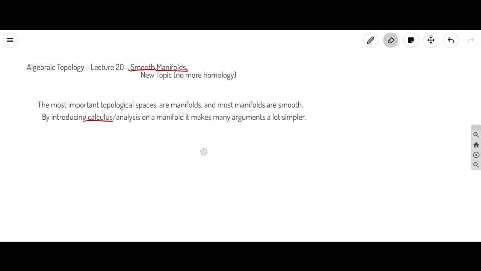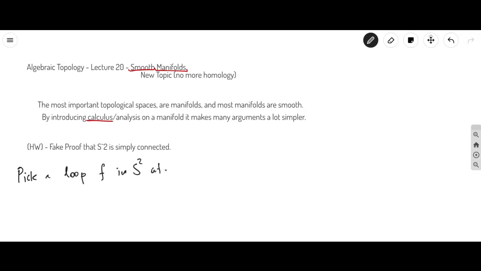Now, maybe just to show you an example of what I mean by making many arguments simpler. Here's a question you had on the homework, and this was a fake proof that the two-dimensional sphere is simply connected. The way the proof goes is you pick a loop, let's call it F, in S2 at the point P. Here's a picture.